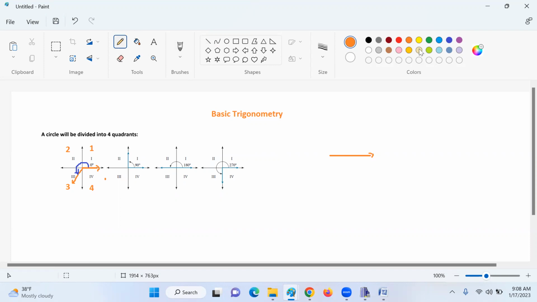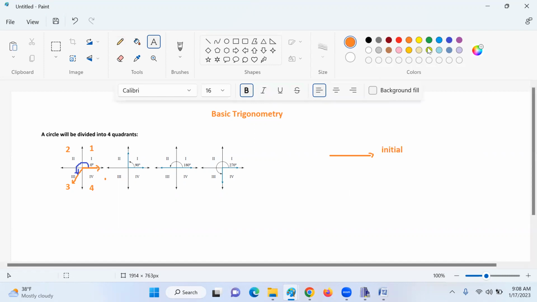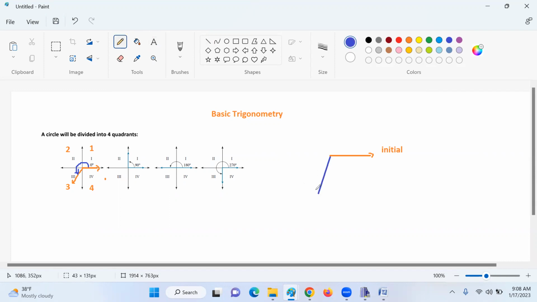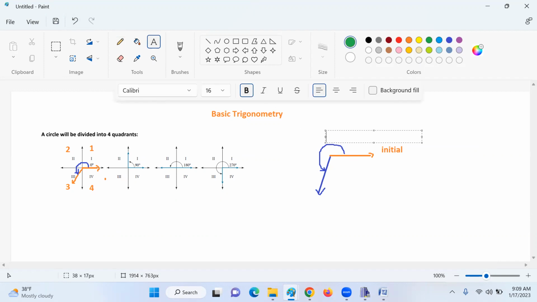This is what we call the initial side, and then we head to the bottom, and this is what we have for the angle. It's not quite easy to look at. You might look at the angle on the other side, which is right here, but this is not what we're looking for. So this is the angle.